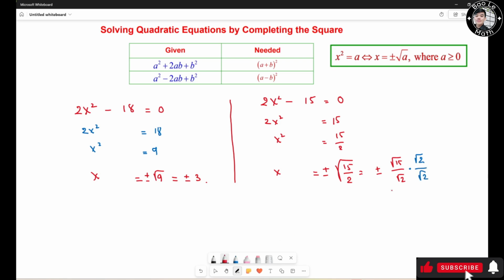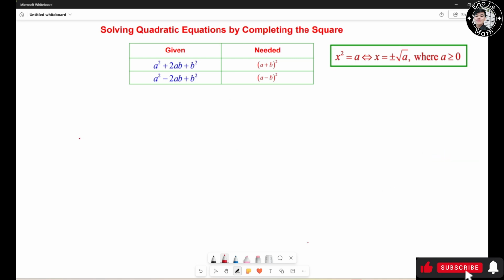So the numerator turns out to be plus and minus root 30, and the denominator turns out to be 2, because root 2 times root 2 equals 2. And this is the final answer. You cannot simplify this one further, right?